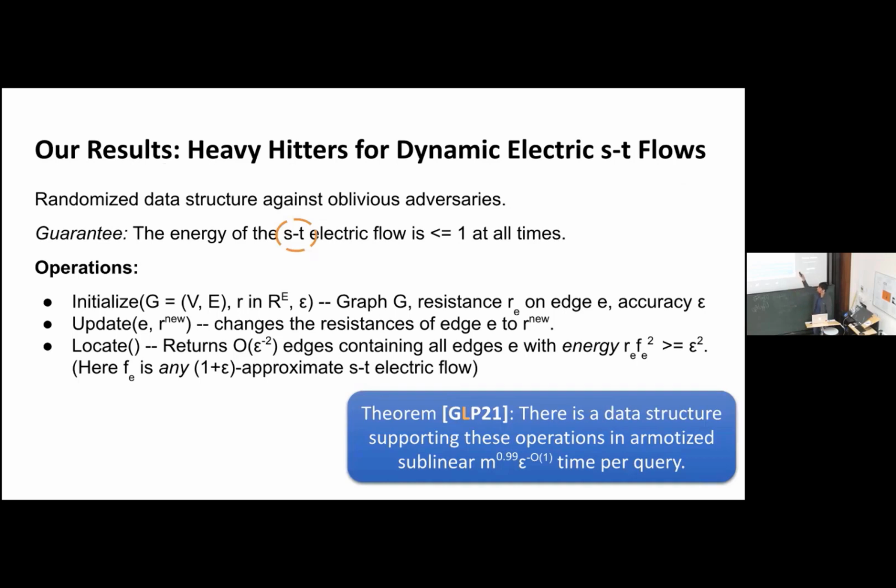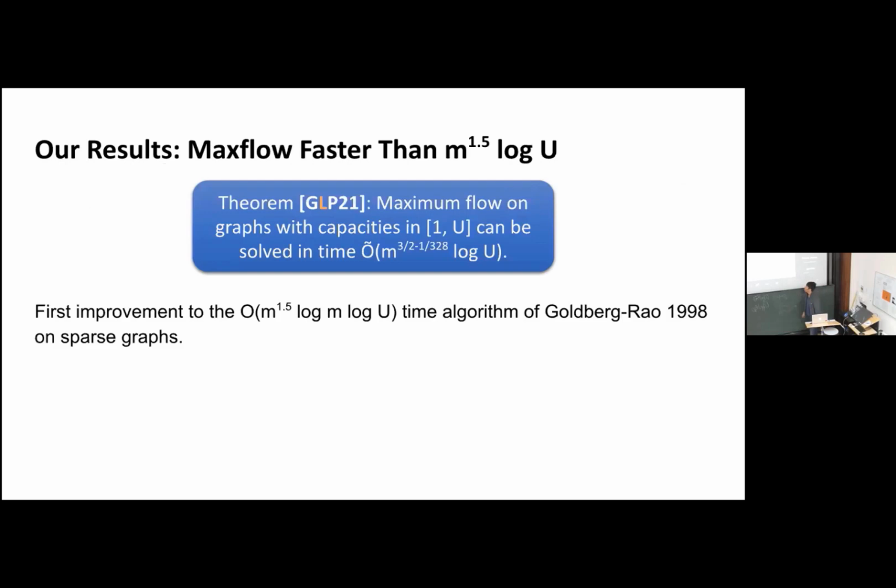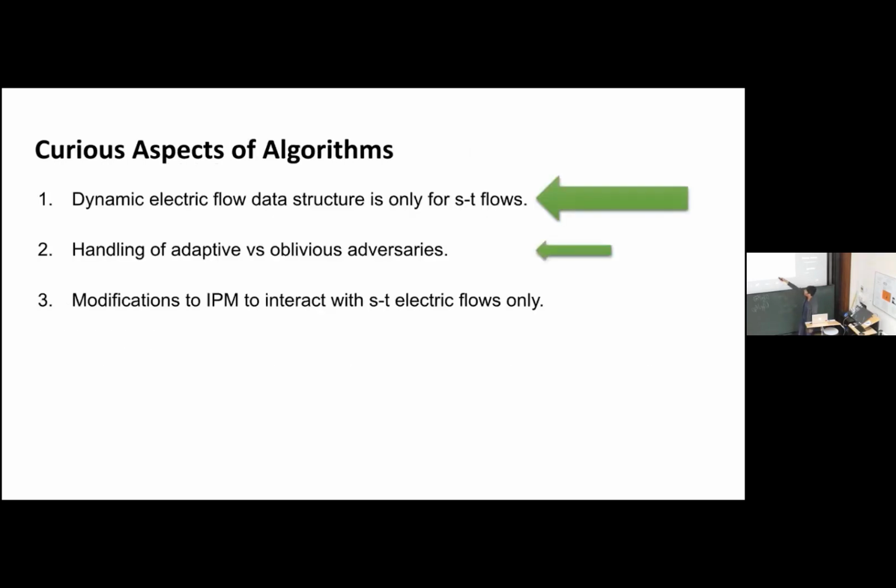But here we need to make sure it's only ever solved on a fixed vector always, which is ST. And in that way, we have to actually change the way the whole outer loop works to make it work. But we're able to prove that you can do this by losing a few extra factors in the convergence analysis. And combining all these things is where the very tiny runtime improvement comes from.